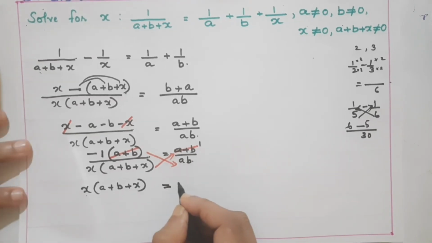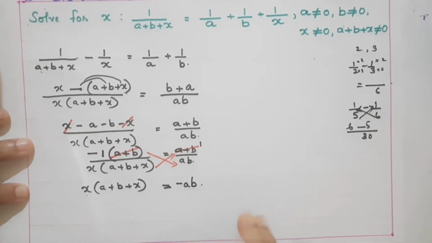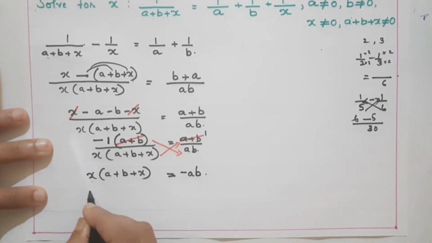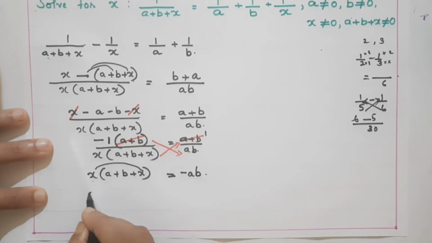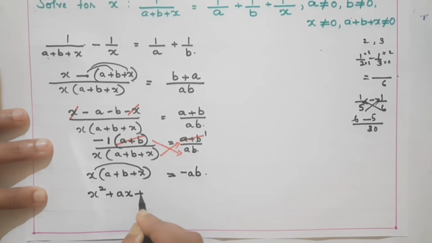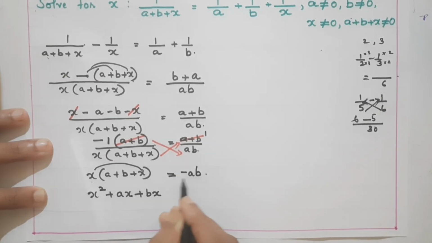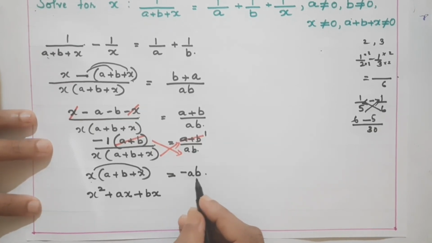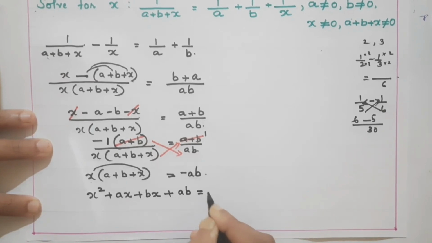Minus ab. Okay children. Now opening the bracket, I am rearranging the terms also, x into x, x square plus ax plus bx. Then here we have minus ab. When we take to this side, this will be plus ab equal to 0.